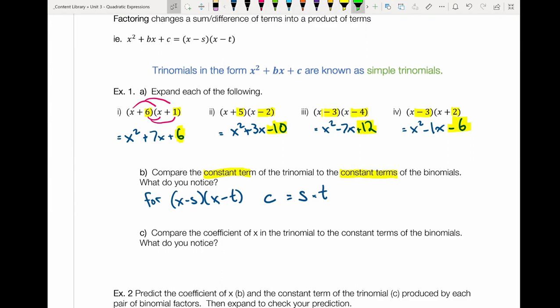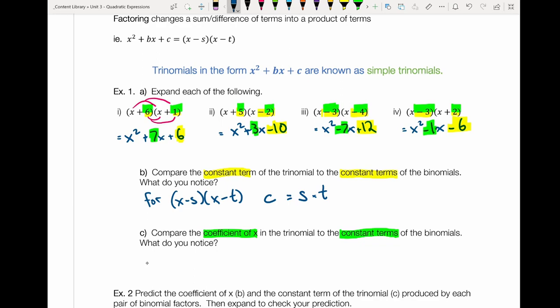Next, we want to compare the coefficient of the x in the trinomial to those constant terms. We compare the coefficient in front of the x to the constants in our binomials, and we want to see if there is a pattern or relationship.